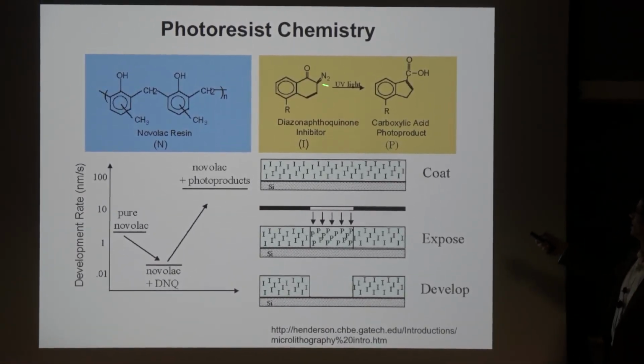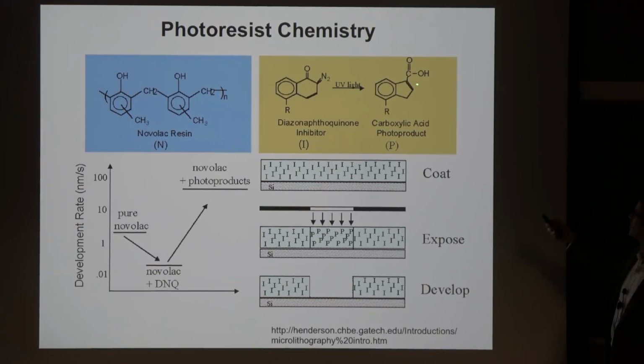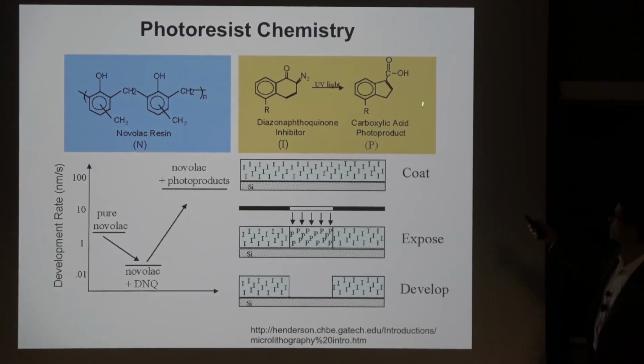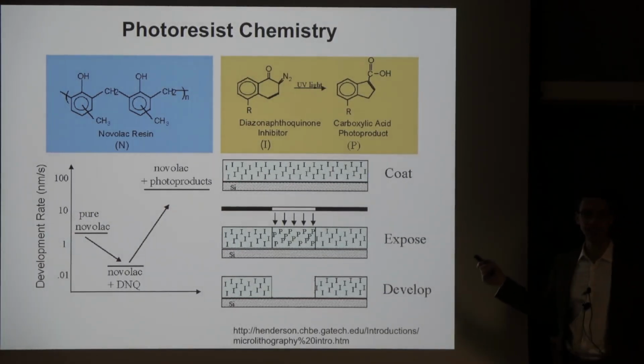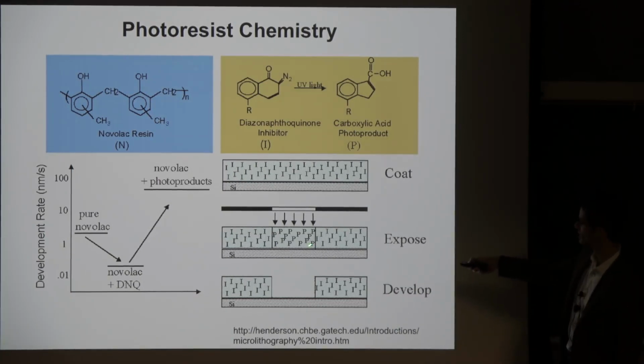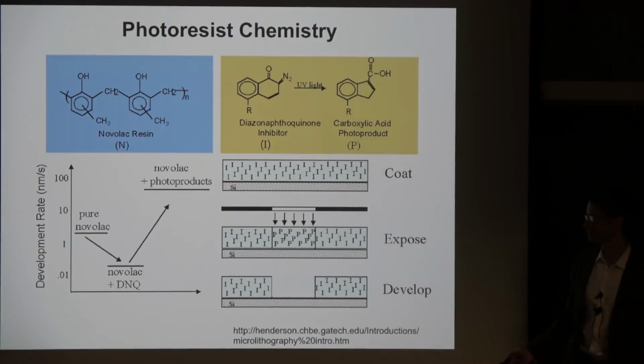So what you do is you irradiate it, and the nitrogen swims off, and then this part here collapses into this carboxylic acid, and it goes from being something that's hydrophobic to something that's hydrophilic, because this group is very polar and it can ionize. So then as a result, if you wash aqueous base over this film, you etch out the regions that have been exposed by the light.